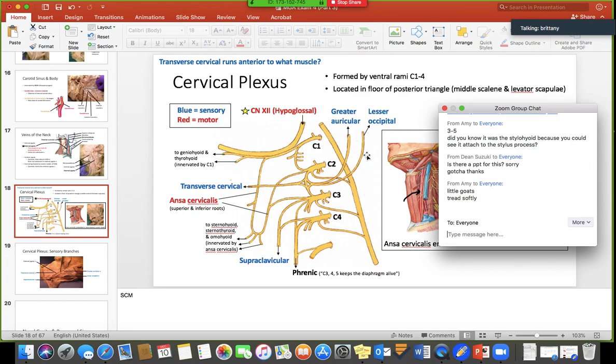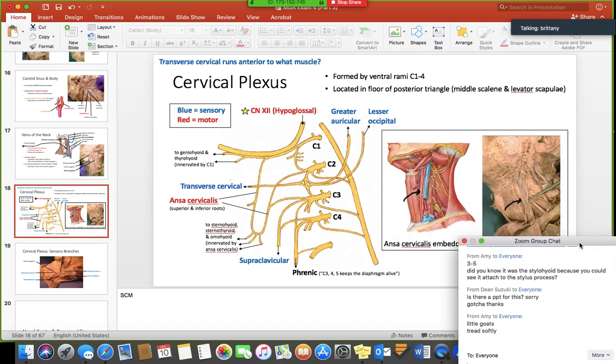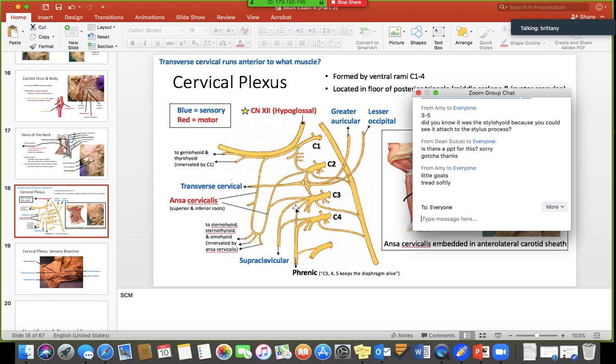Wasn't that it? Okay. But also, they're named for where they're going. Lesser occipital, back toward the occipital region; greater auricular, around the ear; transverse cervical, I believe running across the SCM; and supraclavicular, down towards the clavicle.